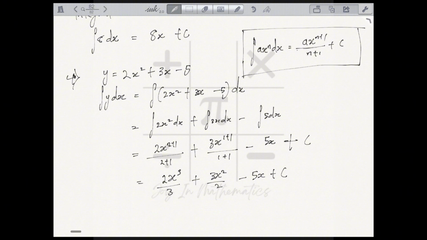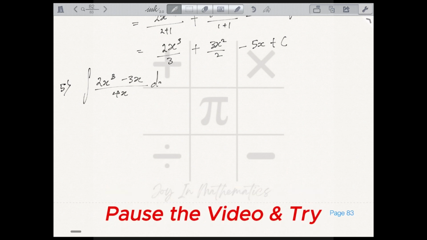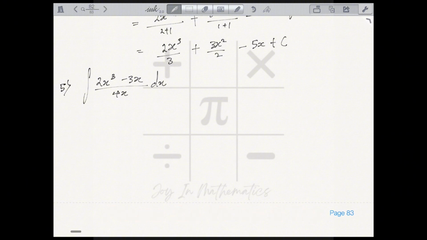Let's take another example, the final one for this video. Given the integral of 2x raised to power 3 minus 3x divided by 4x dx, we can simplify this into the standard form that we are aware of using the law of indices.